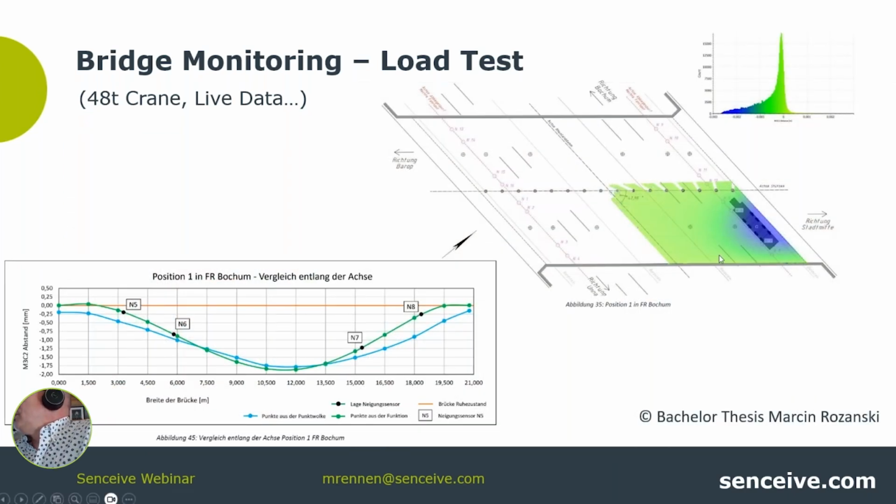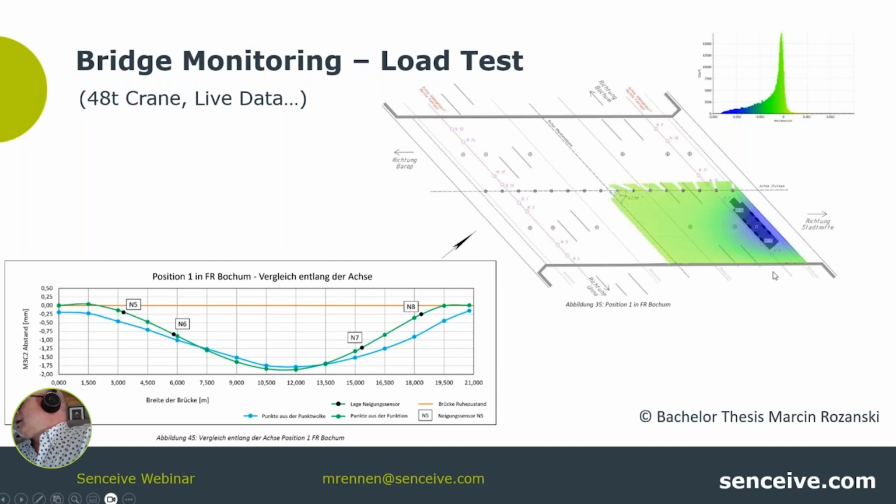And here you see the deformation of the bridge from the data of the laser scanning. So here in blue, you see the deformation of the bridge when the truck was placed on the outer lane of the bridge. And here, this is the line of our sensor nodes, the wireless sensor nodes.